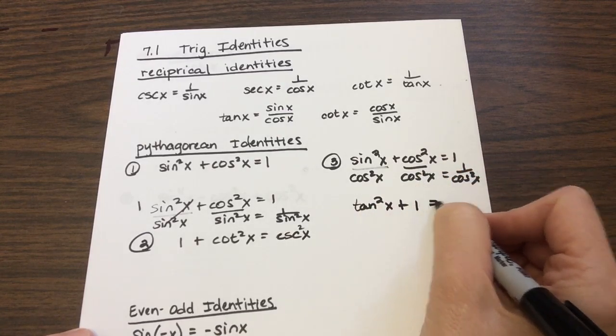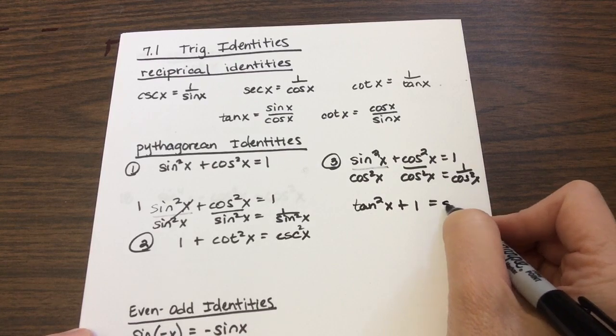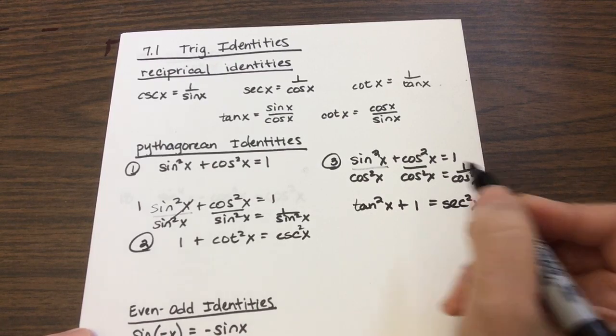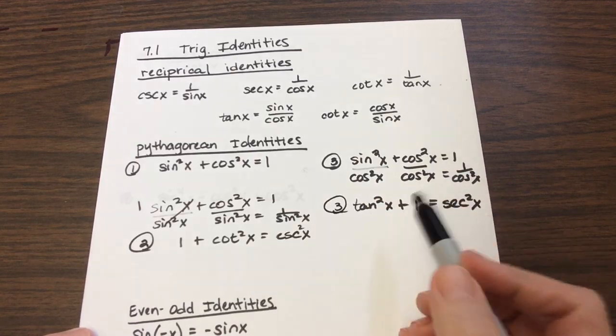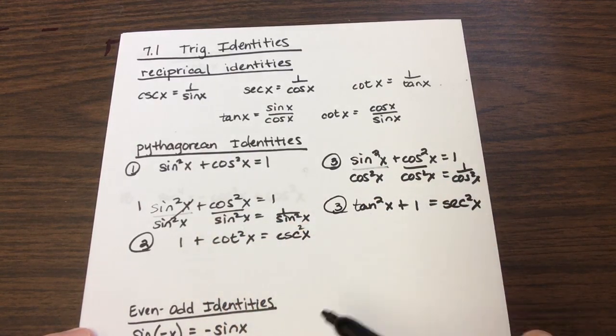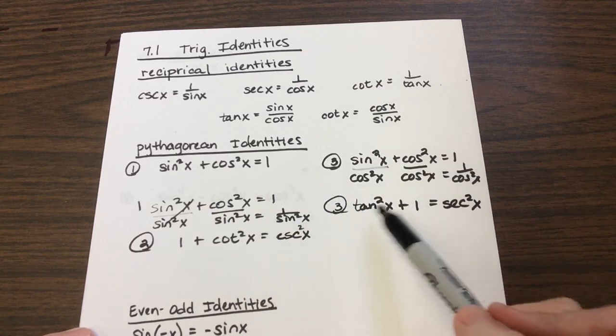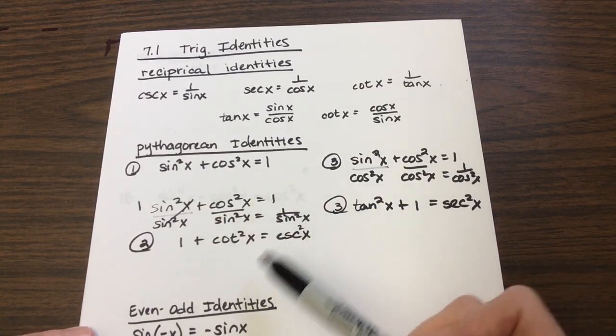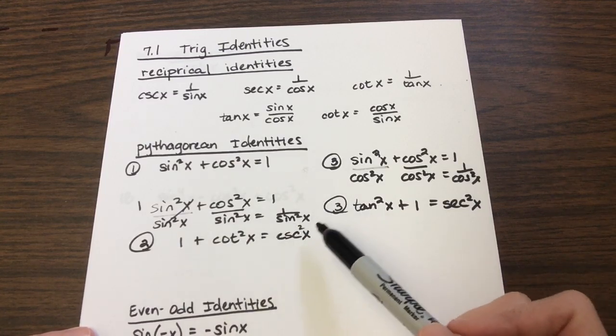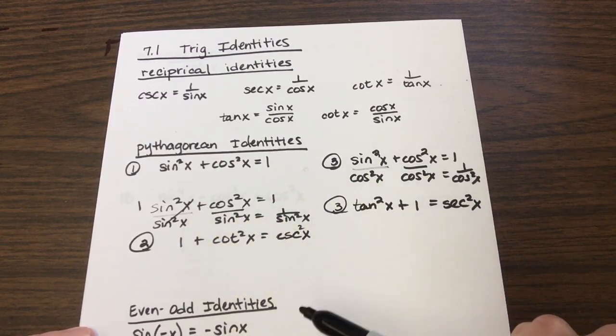That's 1. And the reciprocal of that is secant. Alright, so I actually should have put my 3 right there, because there are my 3 Pythagorean identities. And the reason I did it out like that was really, if you know that one, you can come up with the other 2, or you should be able to come up with the other 2 just by doing what I just did there.